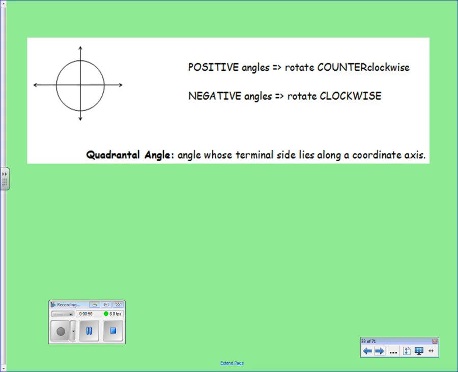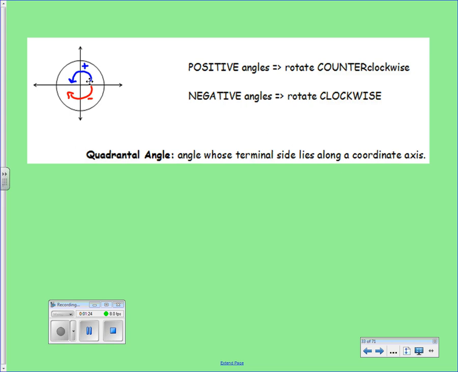And so that's where the positive and negative came from. So when we go counterclockwise, so that means we're going this way, that's going to give us our positive numbers if we keep turning that way. And if we go the other way, so if I rotate clockwise, then I'm going to be dealing with negative angles. So it just depends on which way we're going.